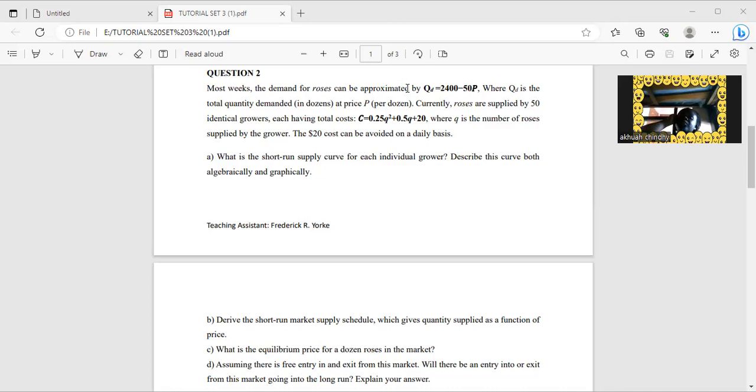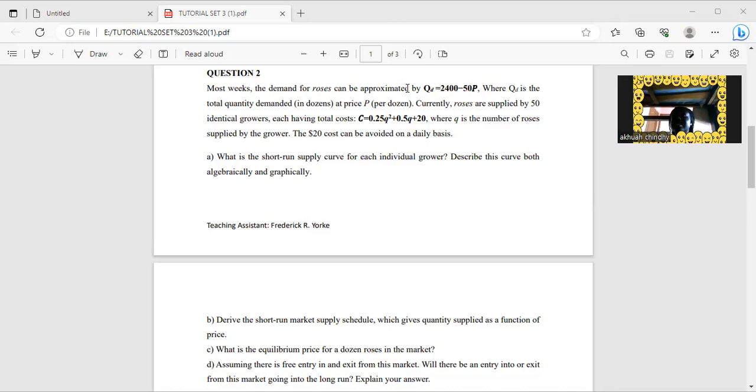Okay. So for firms in a perfect competition market, their short run supply curve is the part of the marginal cost curve where the marginal cost is either equal to or greater than the average variable cost.